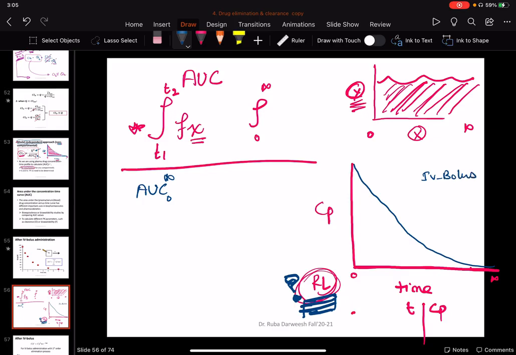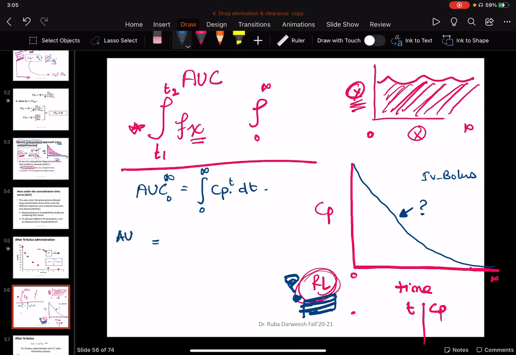Using the same principle that we know, to determine the area under the curve from 0 to infinity for the IV bolus route of administration, it would be the integration from 0 to infinity of the function that I have, right? Which means that I need to integrate the function of this profile, or in other words, the model equation of this profile.